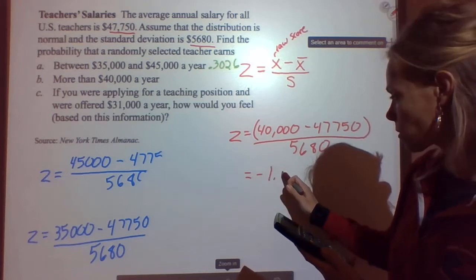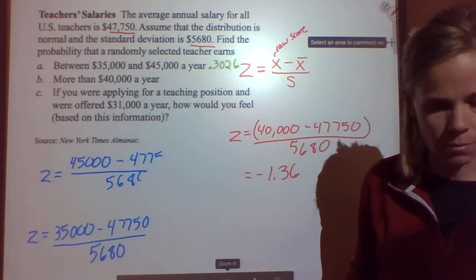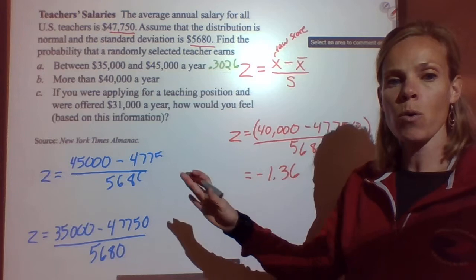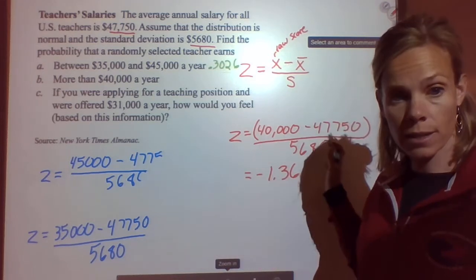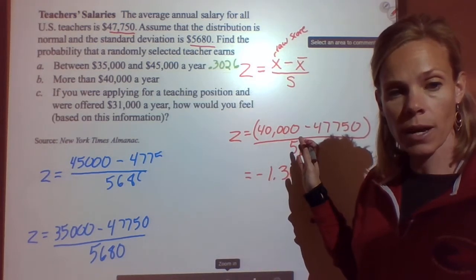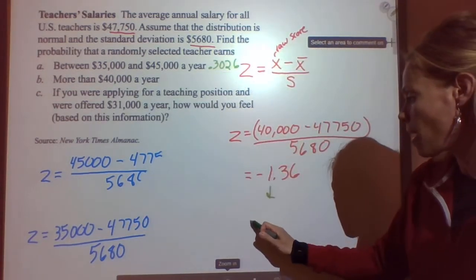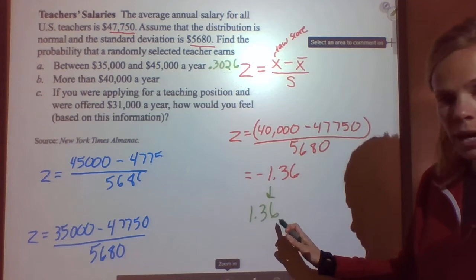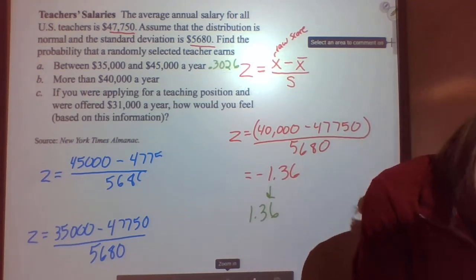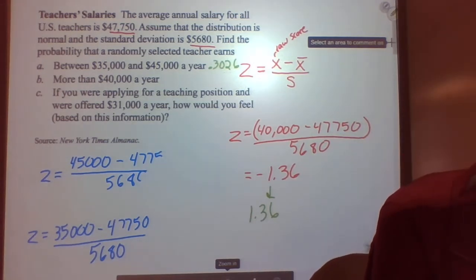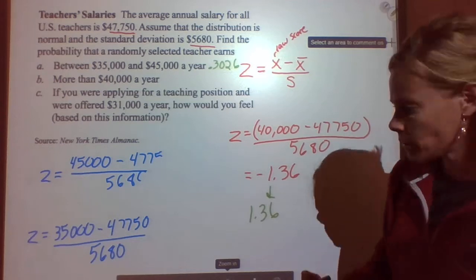Negative 1.36. Now I have to think to my rules from yesterday. More than means area to the right. So to find area to the right, I look up the opposite z-score, positive 1.36, which is 0.9131.